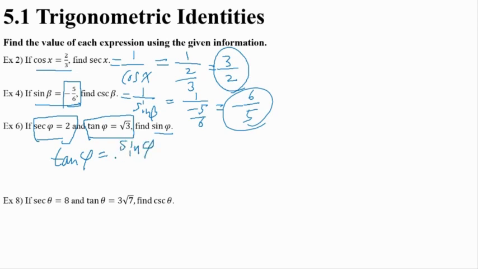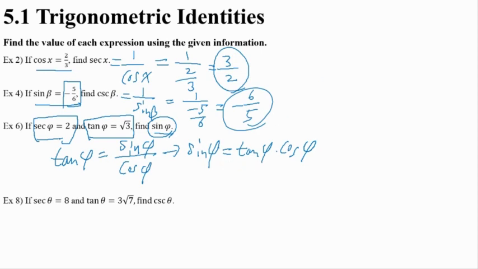over cosine pi. They're asking for sine pi, so we multiply both sides by cosine pi, which gives tangent pi times cosine pi. Simple algebra, right?